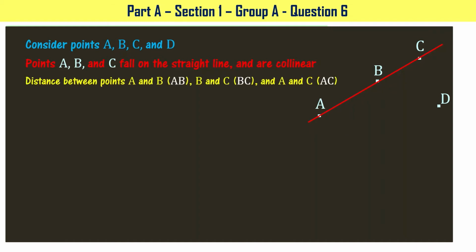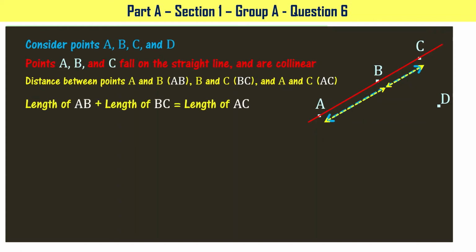Let's take the distance between points A and B. I'm calling it line AB. B and C, that is line BC. A and C, that is line AC. Distance between AB, distance between BC, and distance between AC. If you observe, you can say that length of AB plus length of BC equal to length of AC, right?